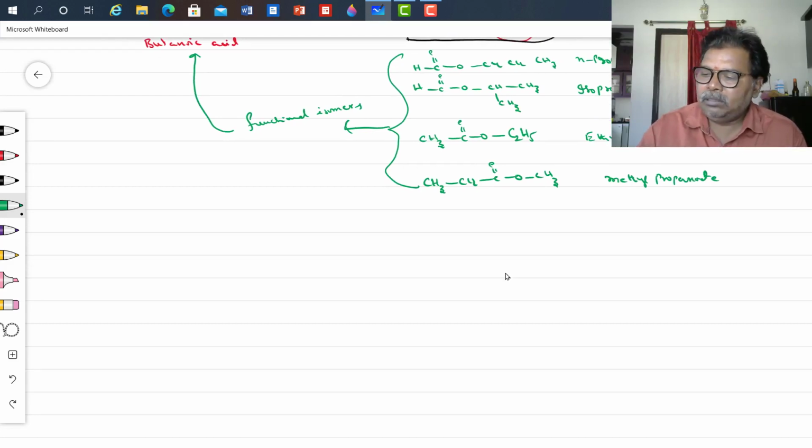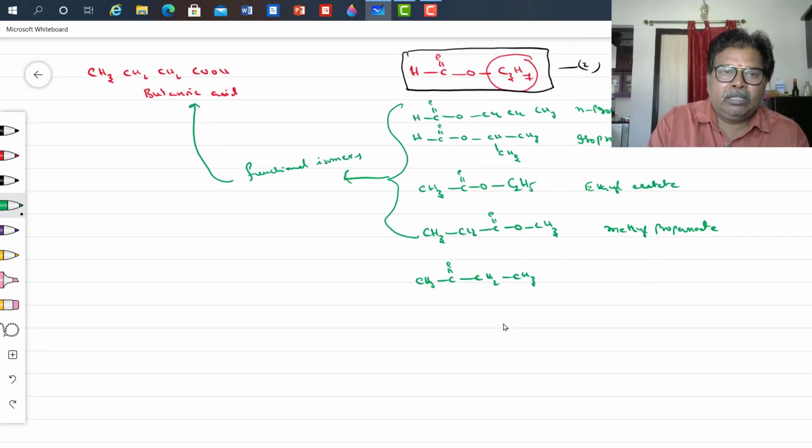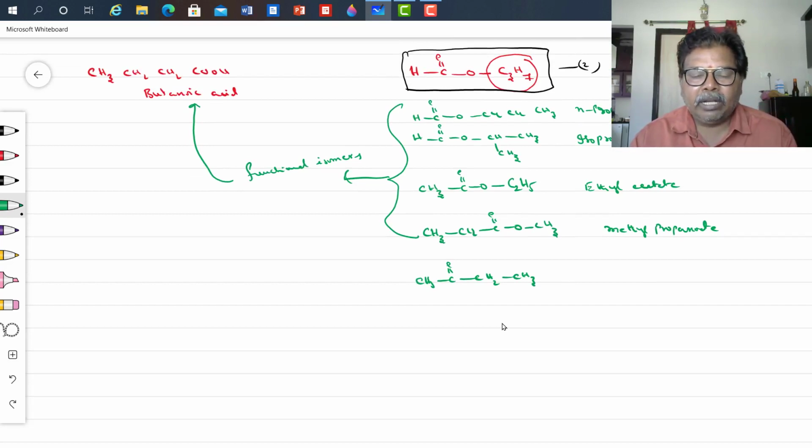Next, see here, CH3, C double bond O, CH2, CH3. This is a ketone. Right? Now, to get one more isomer of butanoic acid or carboxylic acid, you can put an OH group anywhere here. So, CH3, C double bond O, CHOH, CH3.